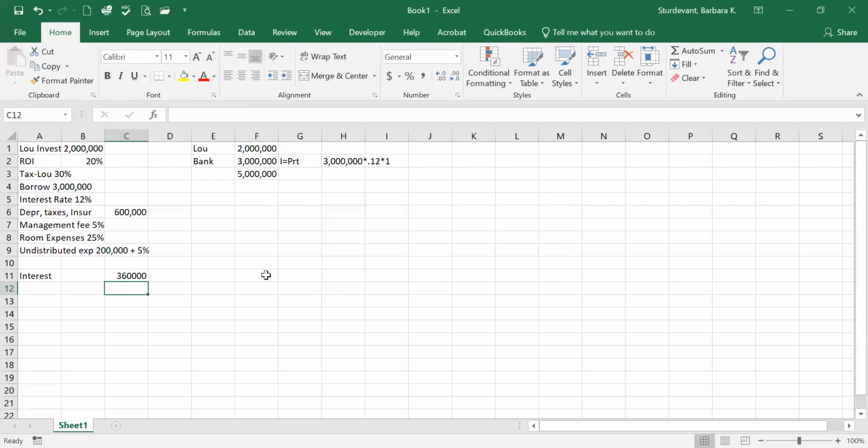That's going to be part of our fixed cost. So you're always going to have to calculate that: the amount that you borrow times the interest rate, and you're only doing it for 1 year. We're doing everything based on 1 year.